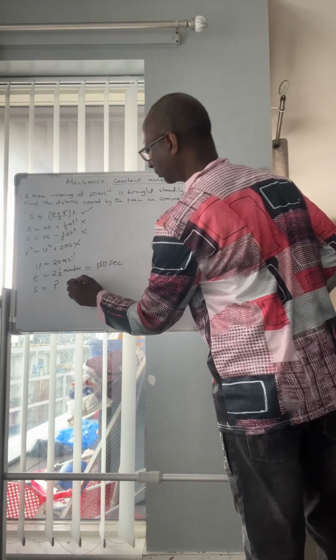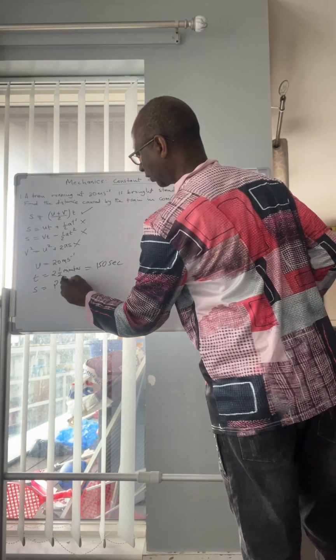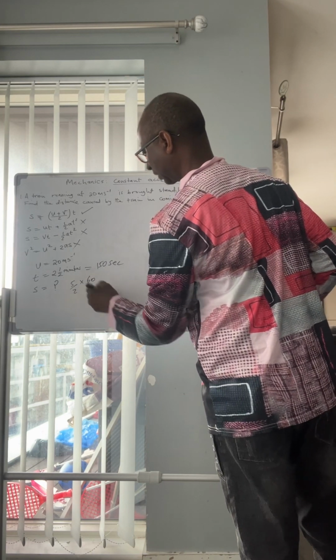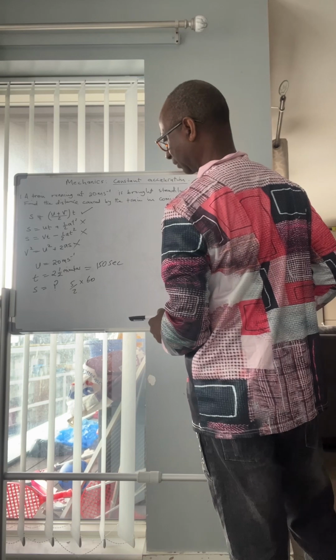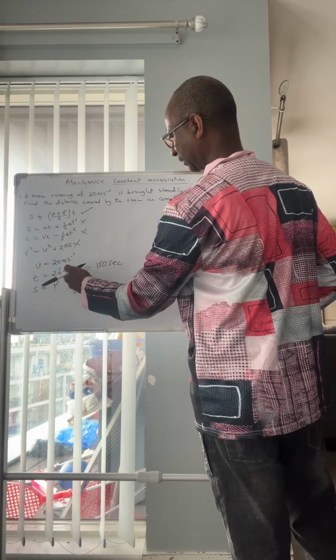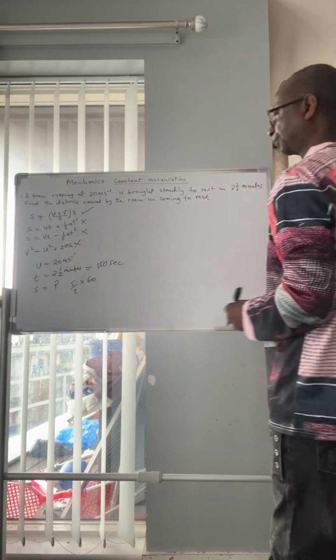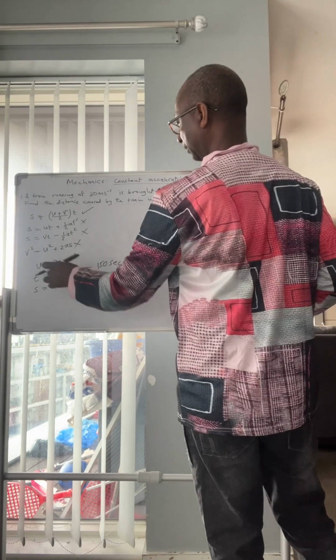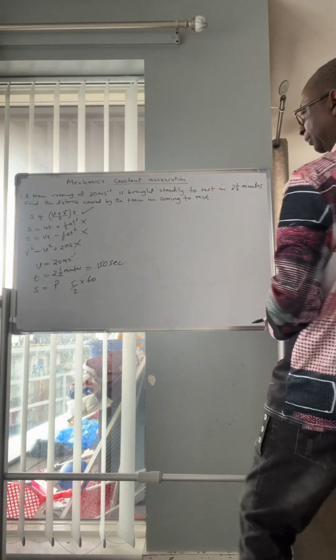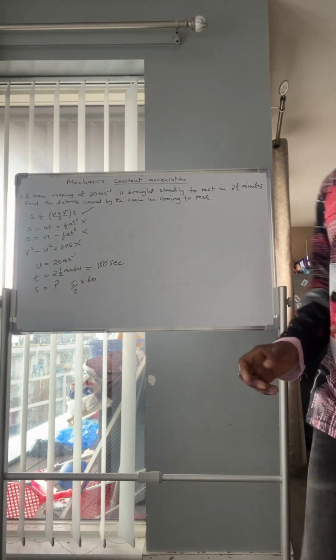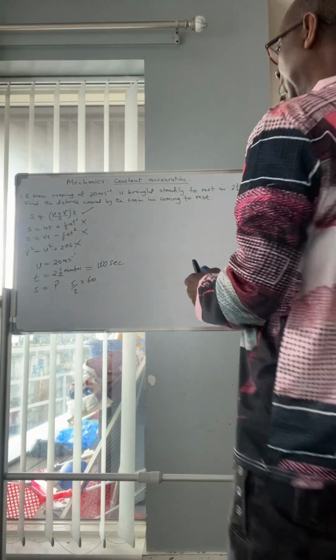Or you can simply do 5 all over 2 times 60, which is 2 times 6 all over 2. Okay? Convert it to seconds anyway.